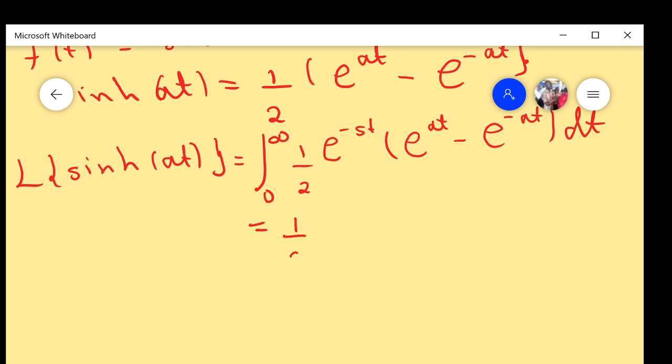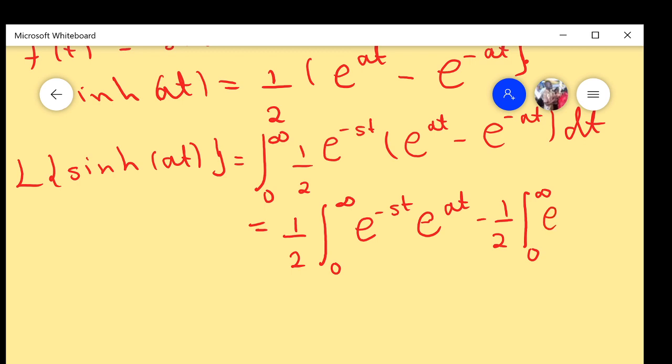I have 1 over 2 times the improper integral from 0 to infinity of e to the minus st e to the at, minus 1 over 2 times the improper integral of e to the minus st e to the minus at dt. Let's not forget our dt.